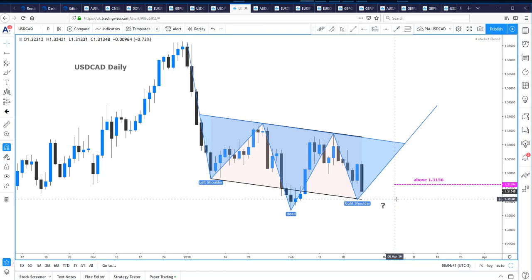We need to see a close this month, so it'll be end of this week, above 1.3156. If we do see a close above 1.3156, then I do think that this formation will play out and we'll get a stronger move to the upside. I don't believe that we're necessarily going to take this high, but I think this is the first leg lower. This is the choppy corrective leg to the upside. So 1.3156 being critical this week.